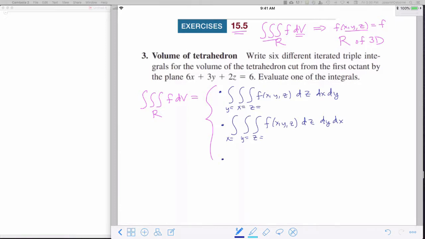Or there's a third way, right? And all these are just representations of the triple integral. They will all give the same answer if you set up the regions correctly, that you can integrate dx, dy, dz, for example, in which case you have to describe your x's first, then your y's, then your z's. Right?